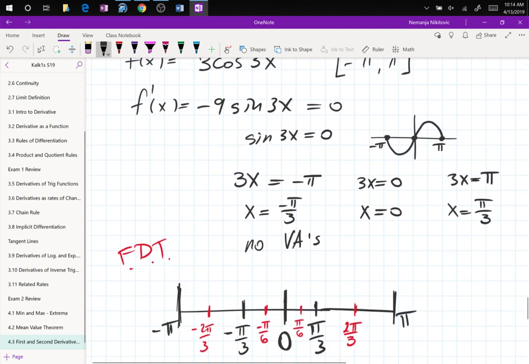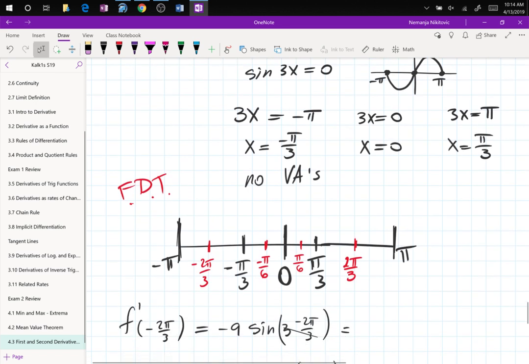How did I miss that? They're hiding somewhere. So I have to change this partition now and pick other points.